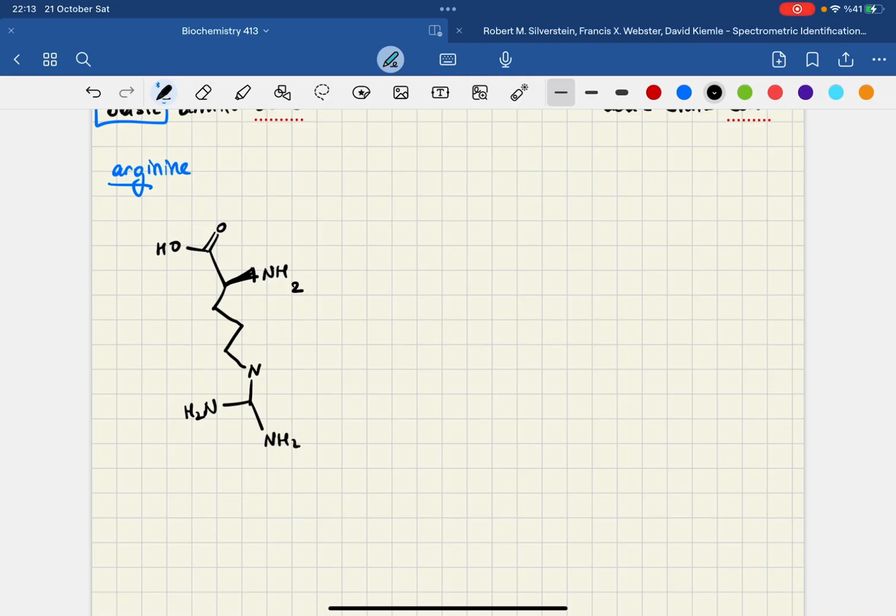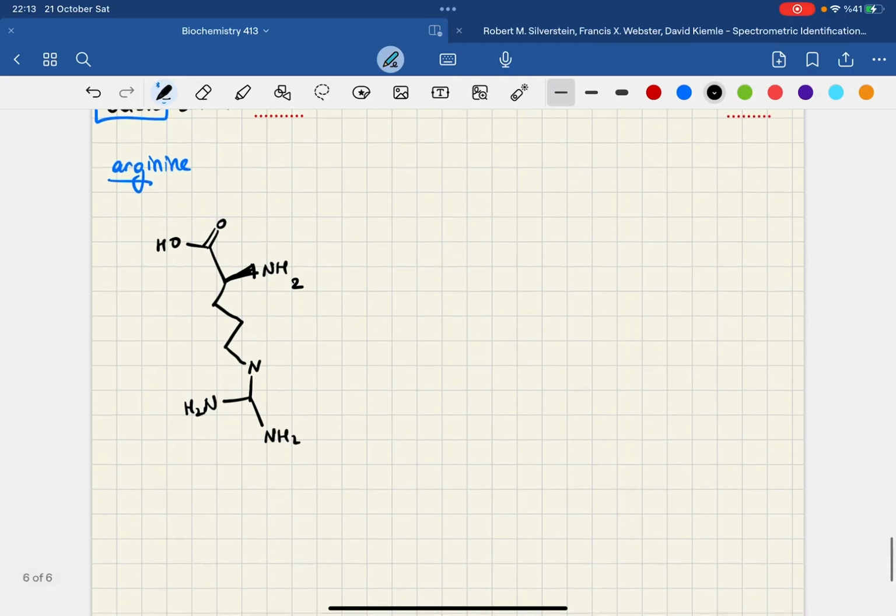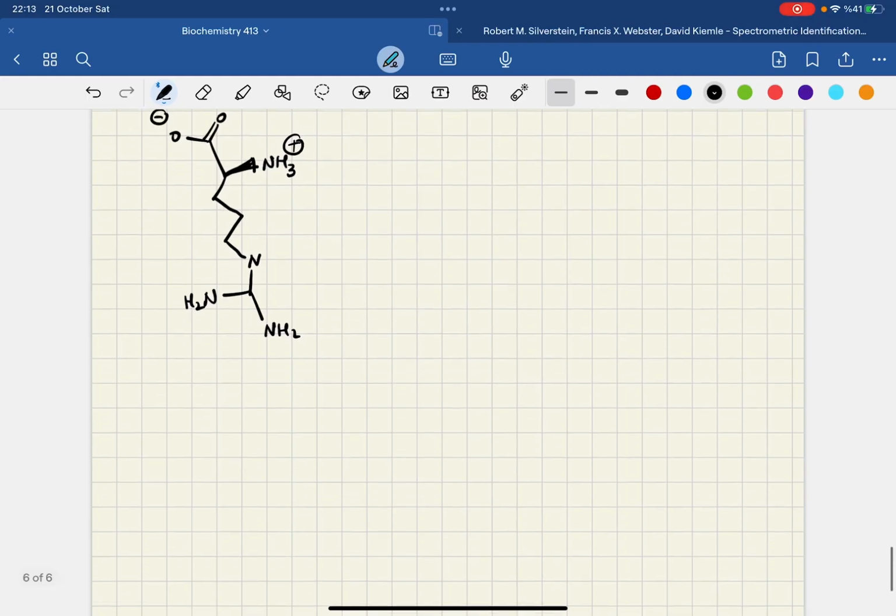Okay, and as we notice here, this one will go away, and we will have this one positively charged, this one negatively charged.